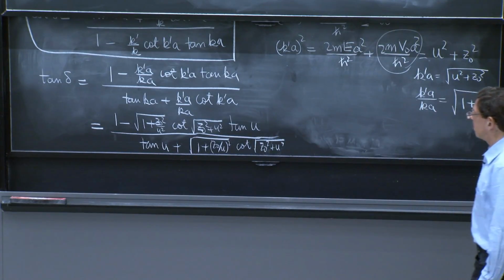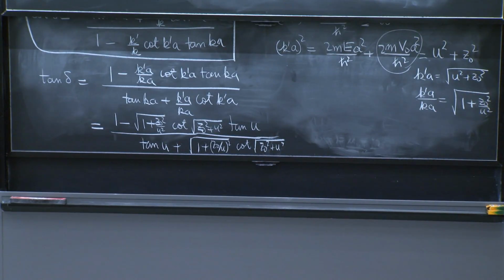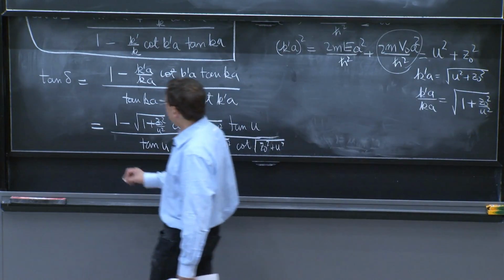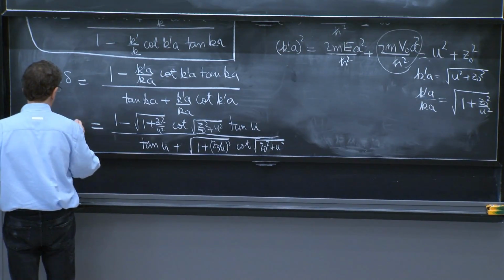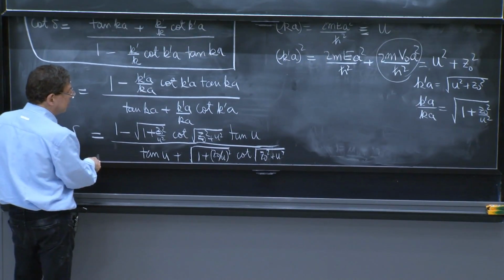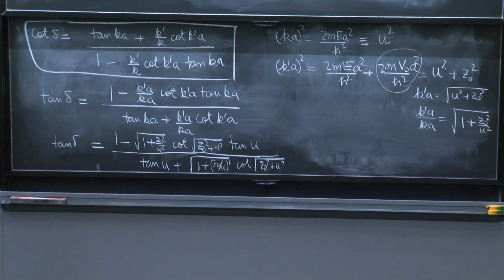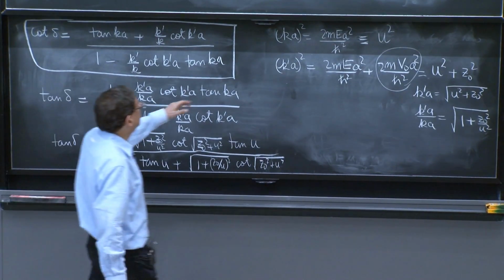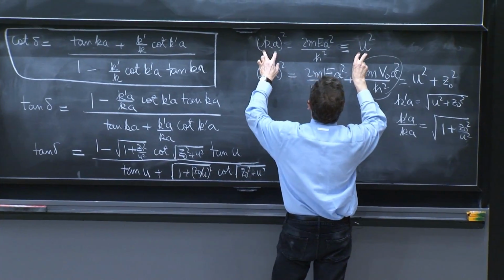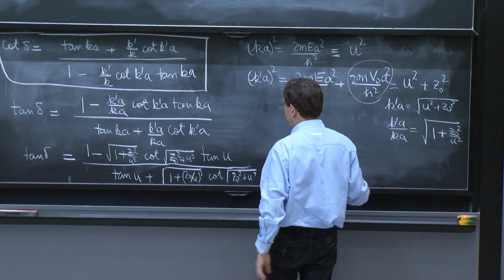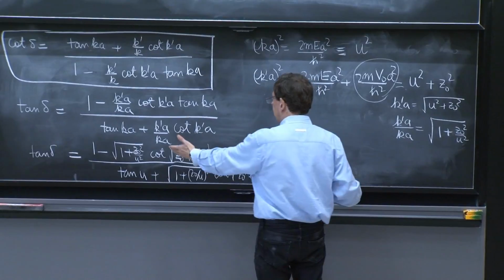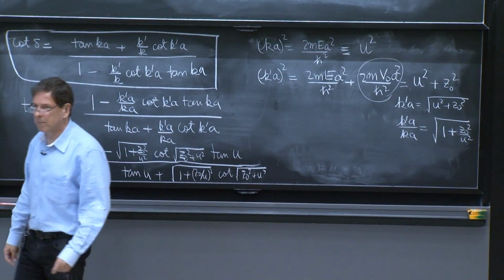Okay, it's not terrible. That's tan delta. So if somebody gives you a potential, you calculate what z naught is for this potential, you put z naught there, and you plot as a function of u with Mathematica, and plotting as a function of u is plotting as a function of ka, and that's a perfectly nice thing to do, and it can be done with this expression.